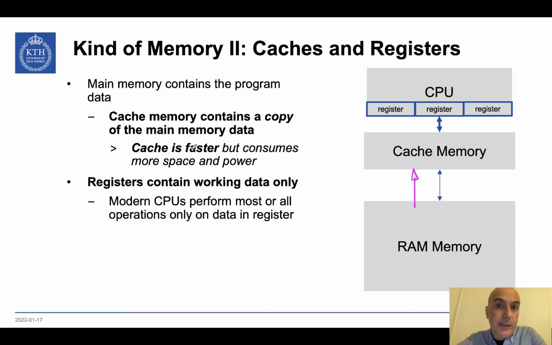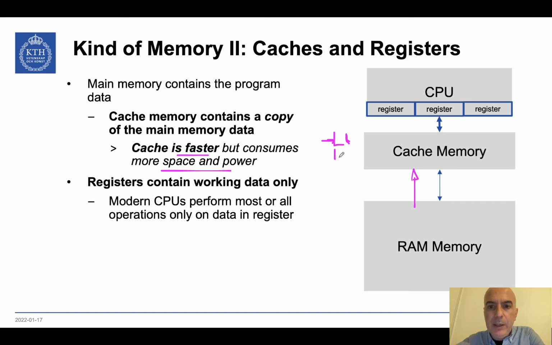Caches are, as I told you, faster but consume more space and power. Cache memories typically have different levels, characterized by different capacities, so size, and different speeds. The closest, smallest, and also fastest one is called L1, where L stands for level 1.